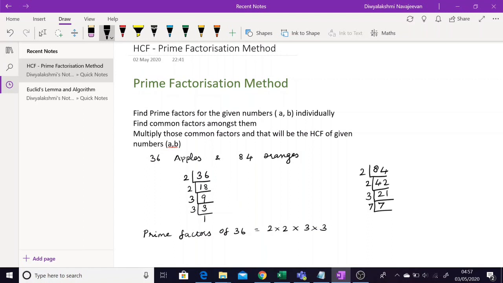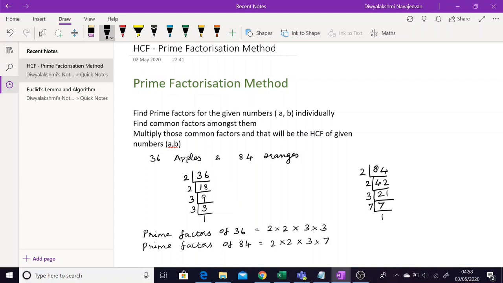Dividing 21 by 3 gives 7, and so on. So now we have the list of prime factors for 84. So let us go on and list them now. Prime factors of 84 are 2, 2, 3 and 7.